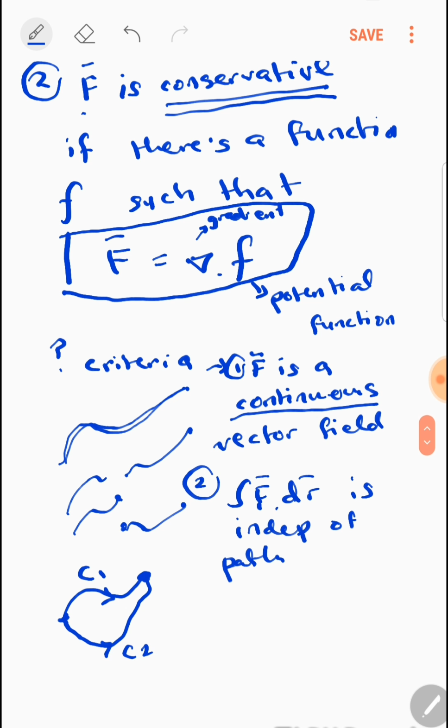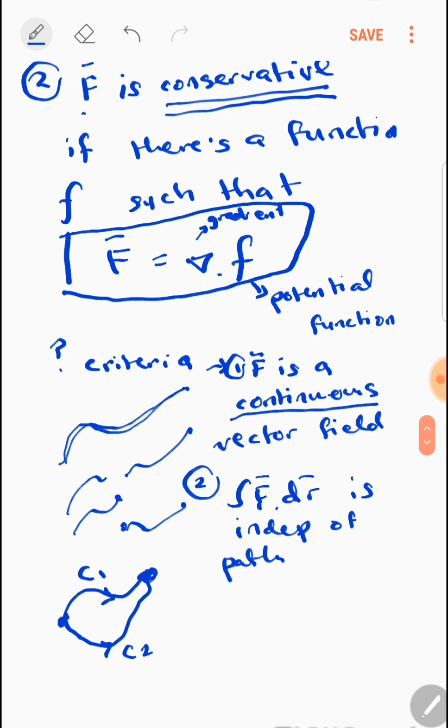All right. So we see that the f dot dr, the line integral, is independent of path if my line integral over C1 is equal to my line integral over C2. This applies to any curves C1 or C2 whatsoever, as long as they have the same initial point and the same ending point.